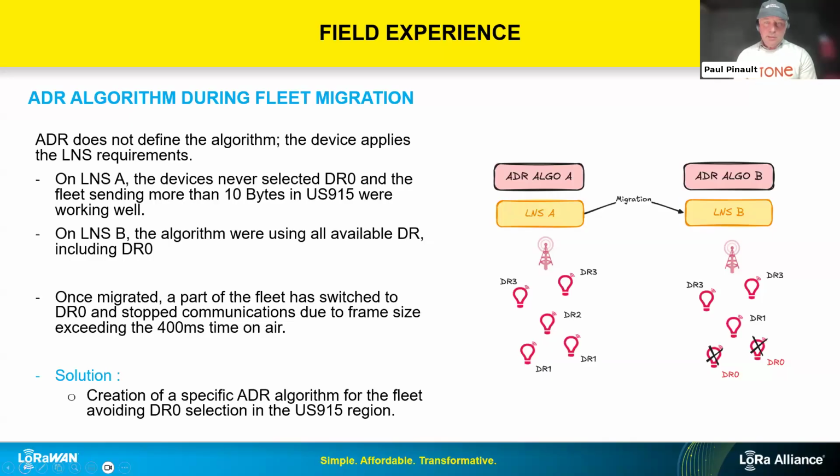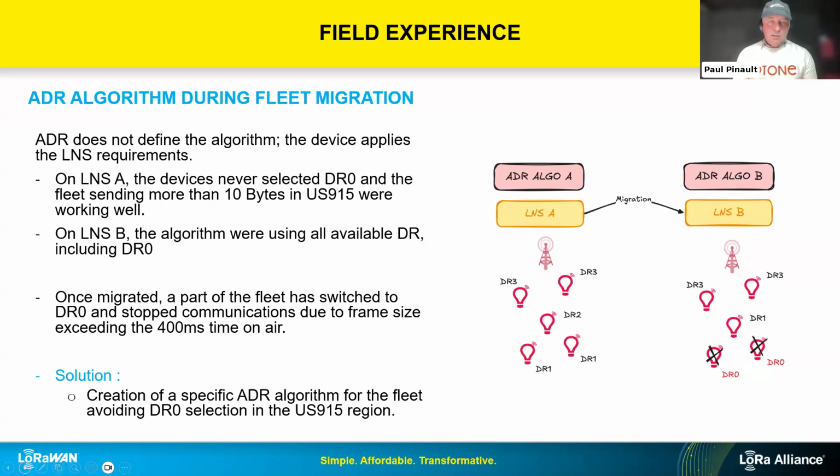And once it was migrated, it was switching between DR0 and DR3. And as the frame was more than 10 bytes, all the American part of the fleet, far from the gateway, stopped communicating because they were switched to the wrong data rate in regard to the payload size.